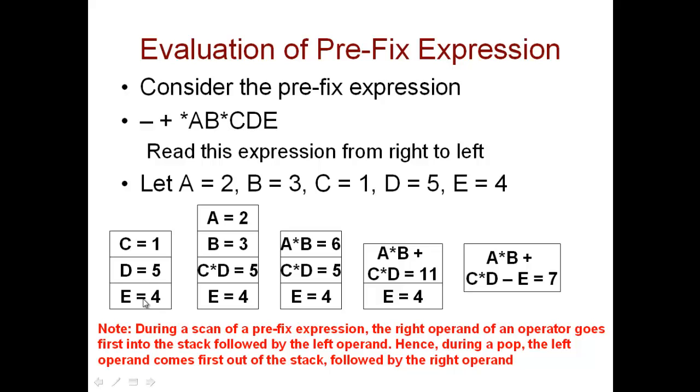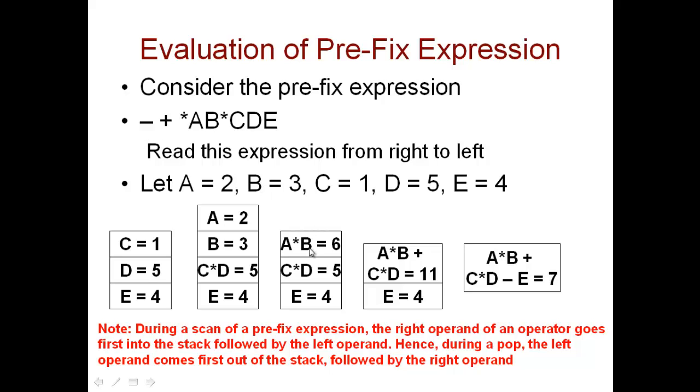So you have E and now C star D. Now you see a B, so push it to the stack. You see an A, so push it to the stack. Now you see a star operator, so pop the stack twice. The first pop is the left operand A, the second pop is the right operand B. So really evaluating A star B, so push the result back to the stack. And then you see a plus. So you pop the stack twice.